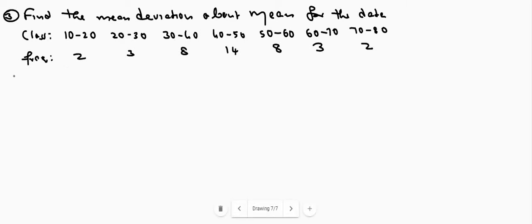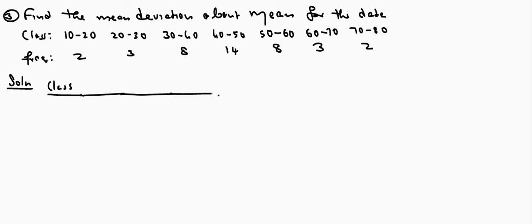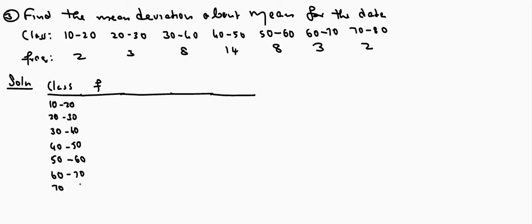Solution. The first column is class, then the second column will be frequency. Class is 10-20, 20-30, 30-40, 40-50, 50-60, 60-70, finally 70-80.